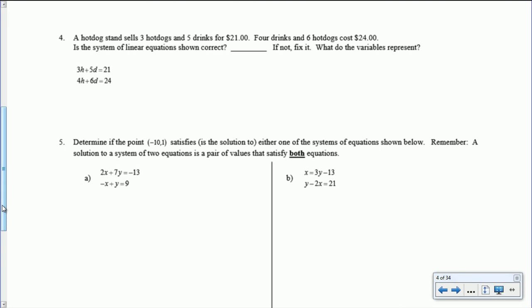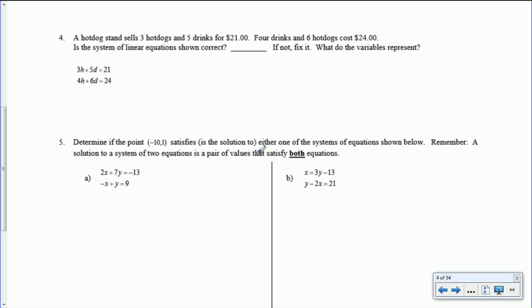A hot dog stand sells 3 hot dogs and 5 drinks for $21, 4 drinks and 6 hot dogs for $24. Is the system correct? Okay, so how do we know that?